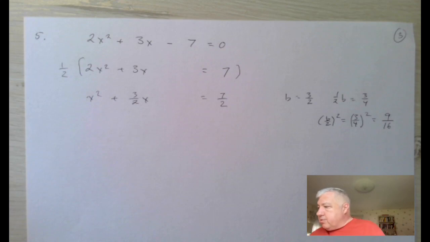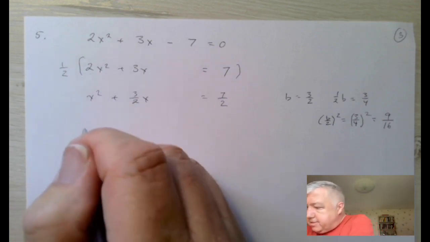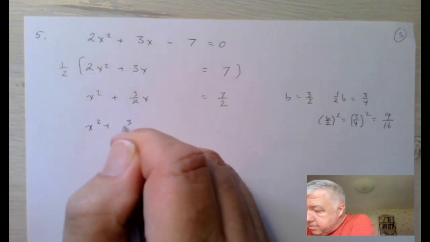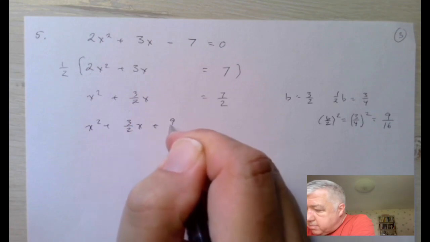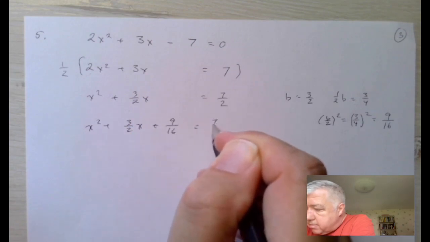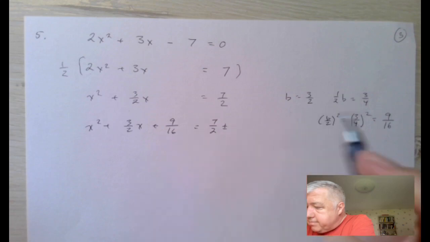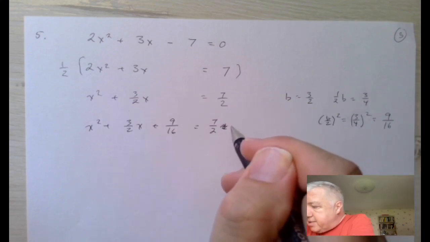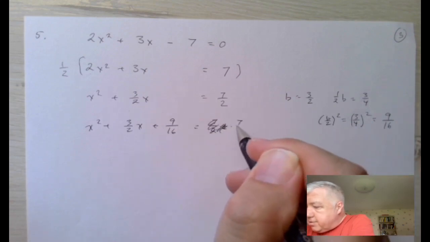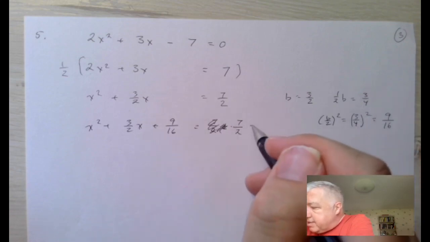So this is what we want to add to both sides. We don't want plus or minus yet. This will just be 7/2 plus 9/16.